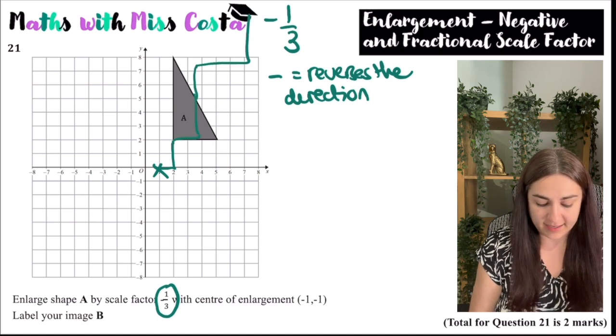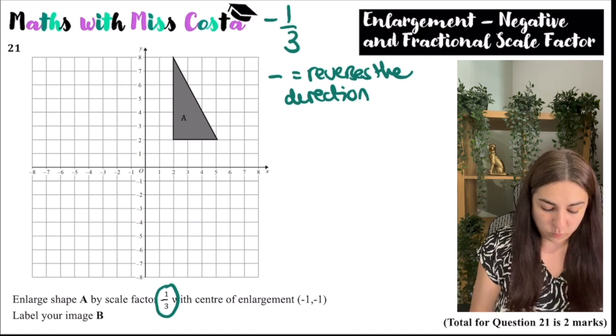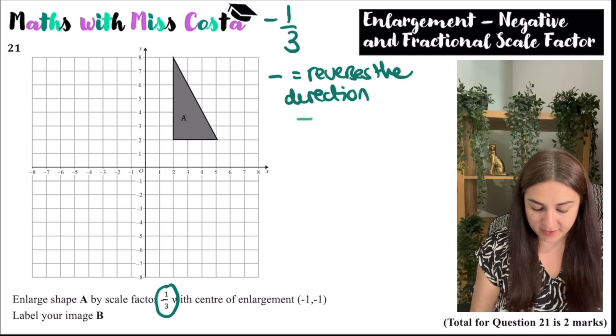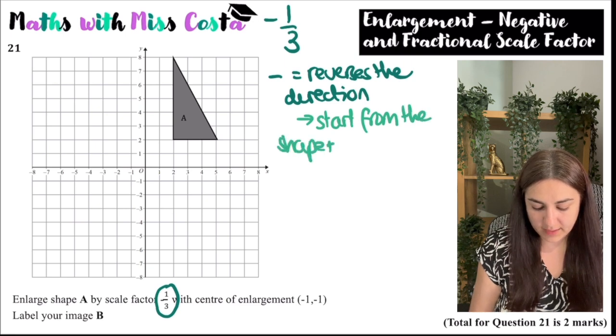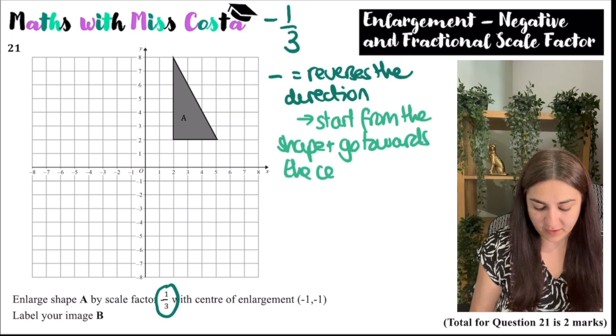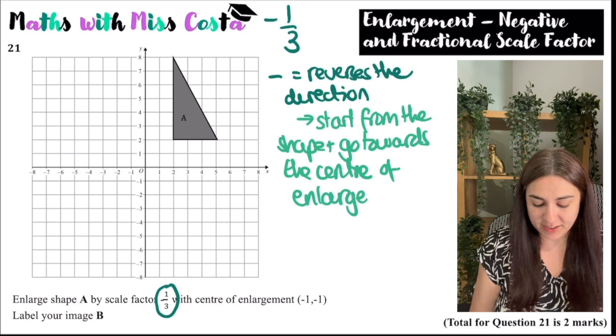And then you enlarge it like that. But what we're doing when we reverse the direction is we start from the shape and go towards the center of enlargement and beyond. So we're essentially reversing the direction.